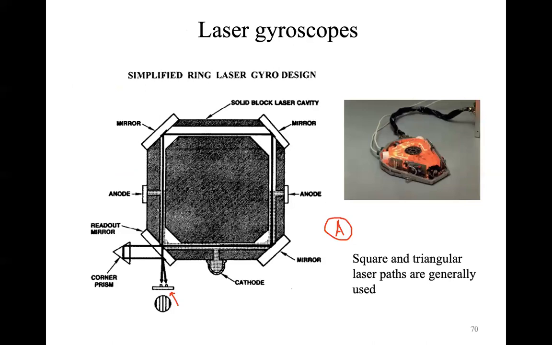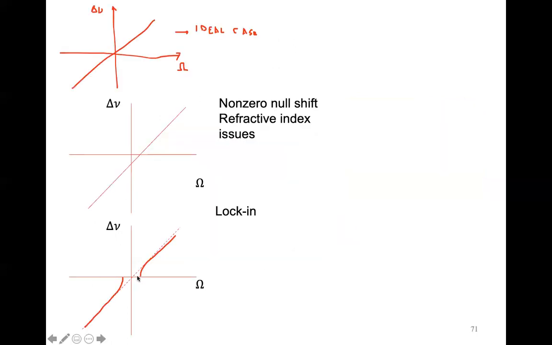Another solution for this problem is called dithering, so the introduction of noise, to avoid that these small omega cannot be measured.